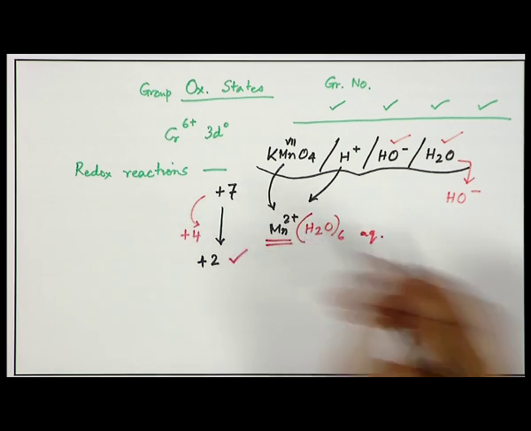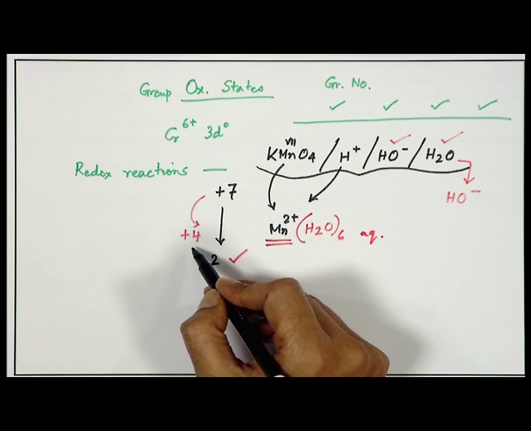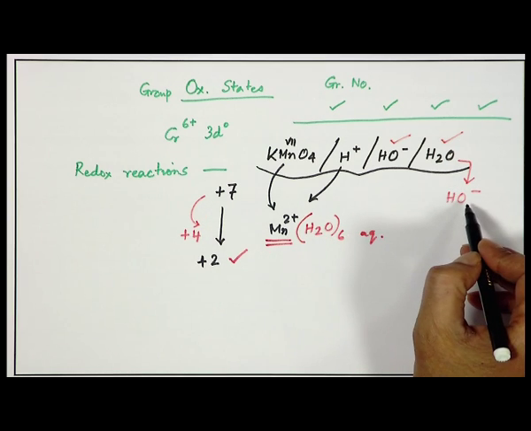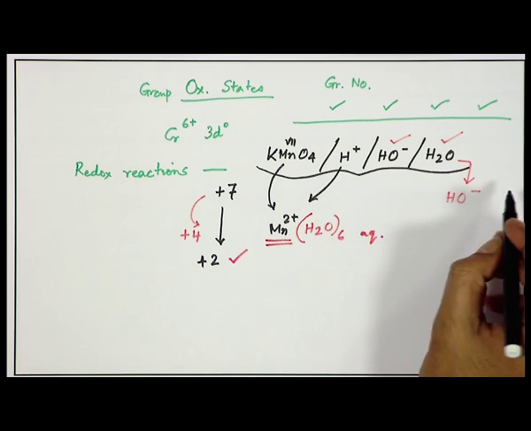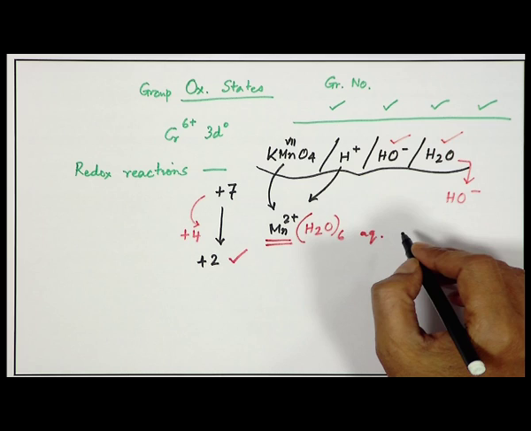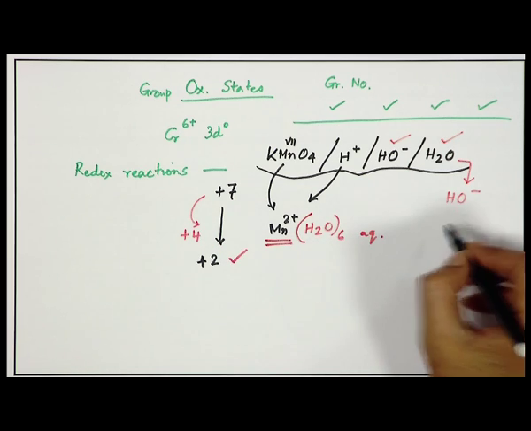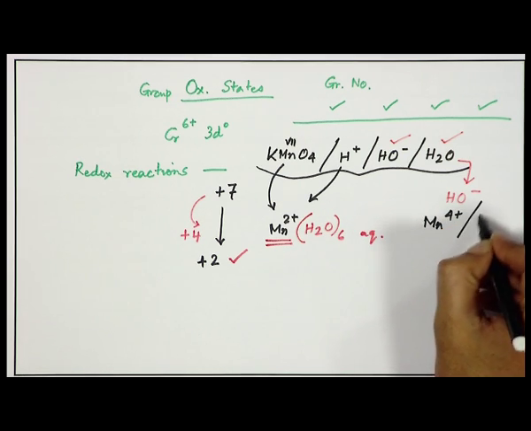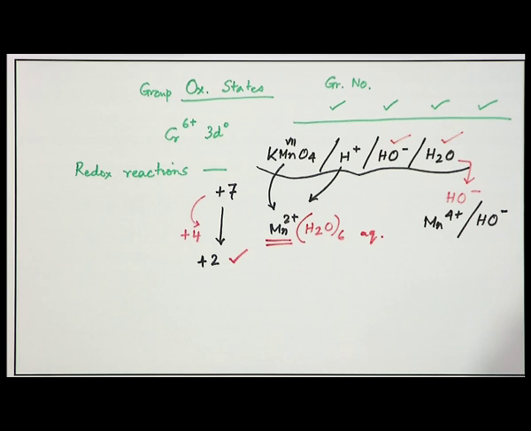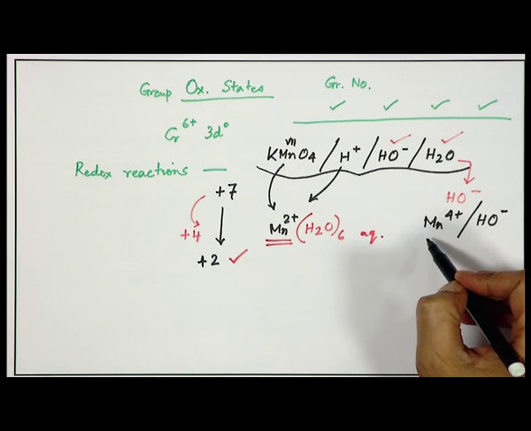Once +4 is forming, that means tetravalent manganese, and the system has a larger number of hydroxide ions, the species will slowly attract these hydroxide ions, because it is positively charged.